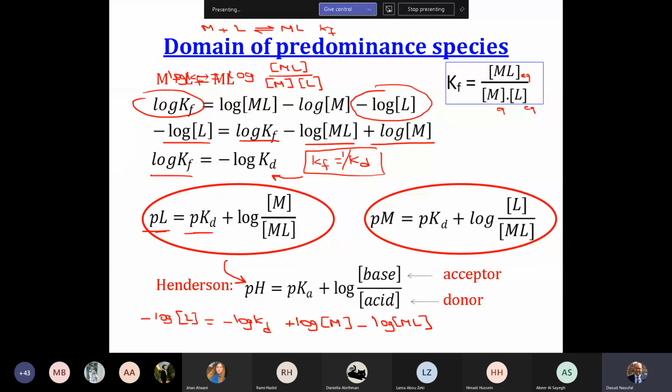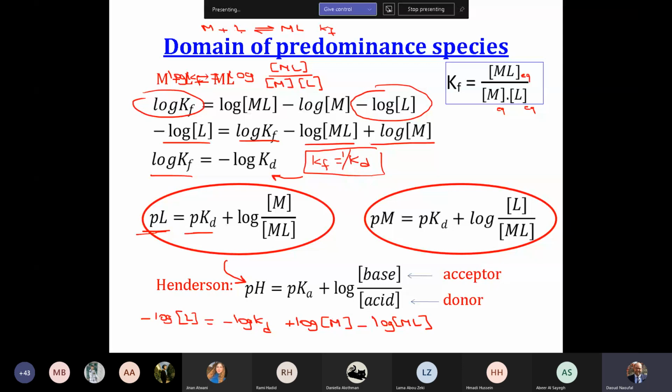If I suppose that the particle exchanged between M and ML is L, you write PL equals P characteristic of the complexation. I prove that this is PKd, because instead of log Kf we put minus log Kd, so PKd plus log.